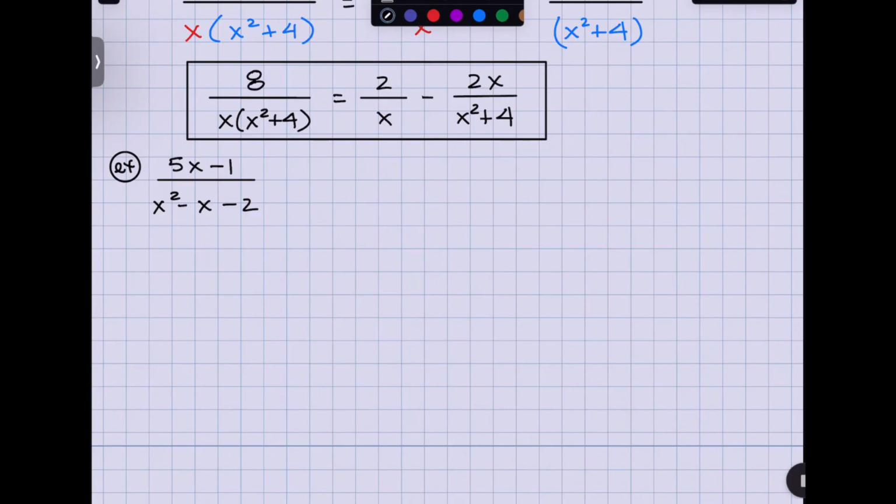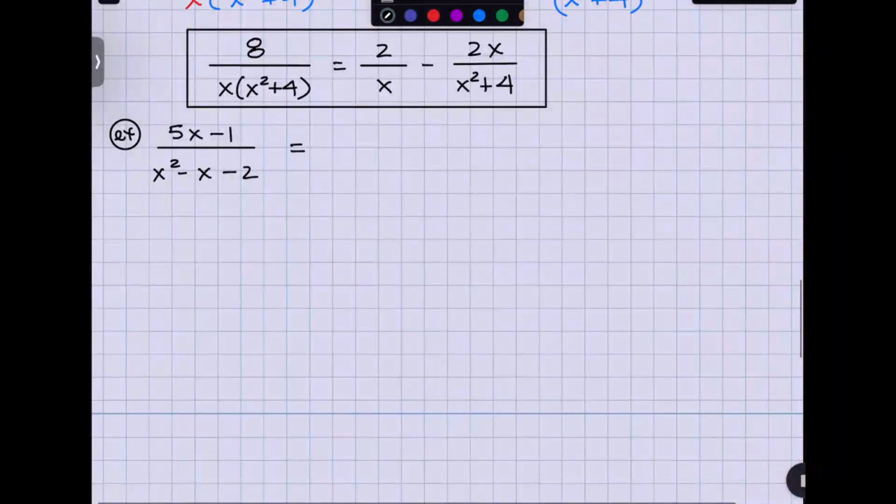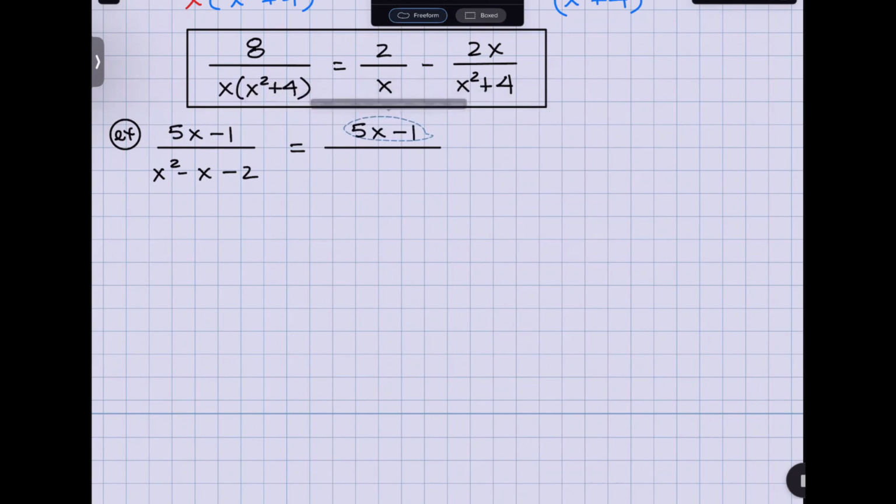Man, you guys already got the steps down. Love it. What is that going to equal?